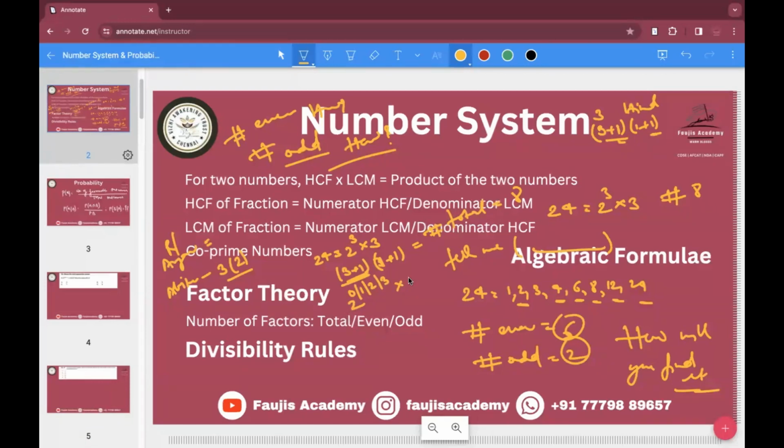And 3 can be raised in 2 different ways, that means 0 and 1.